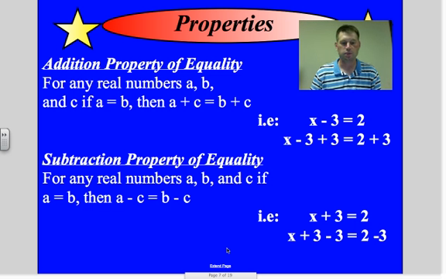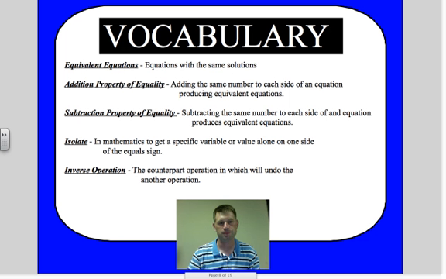So notice that minus c is on both sides of the equal sign. Okay, and again, example, x plus 3 equals 2. We can take x plus 3 minus 3 equals 2 minus 3. And you'll notice that we're always doing the inverse operations when we're doing these. So it was x minus 3 in the first one, and we used plus 3. It was x plus 3 in the second one, and we used minus 3. So we're doing inverse operations.